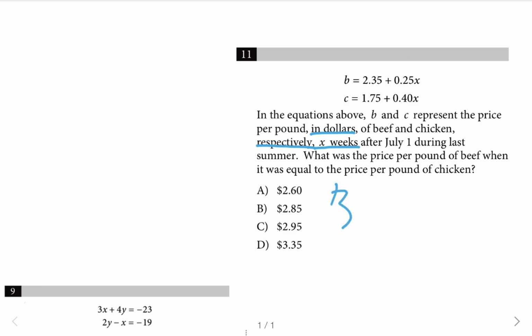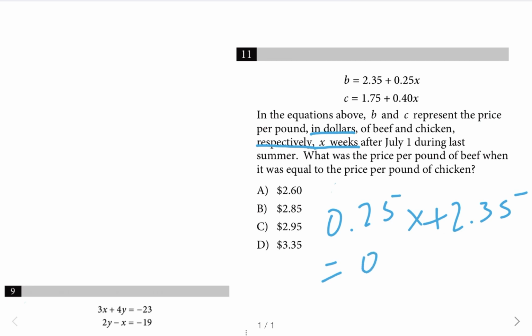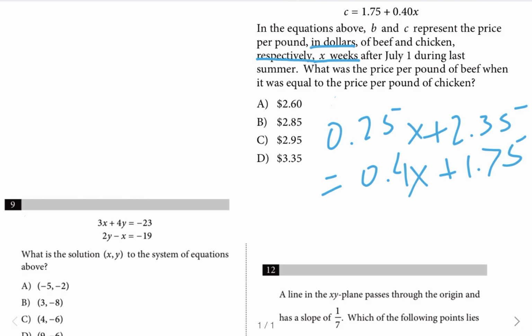So you do 0.25x plus 2.35 is equal to 0.4x plus 1.75. Then you get 0.15x when you subtract these two, and then you subtract 1.75.